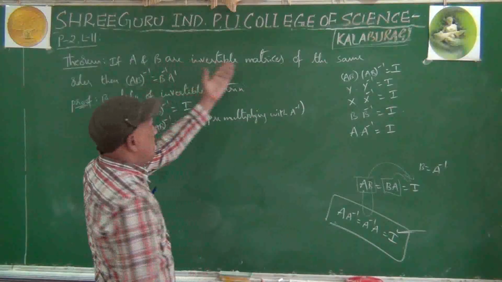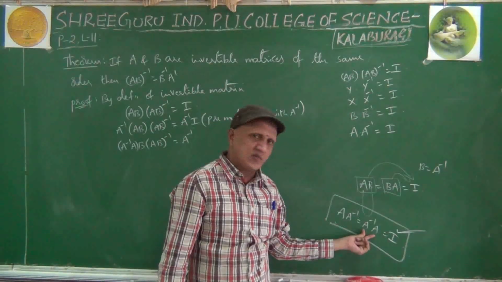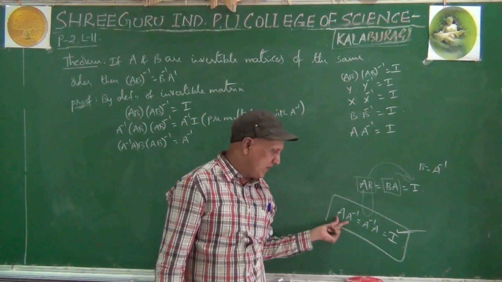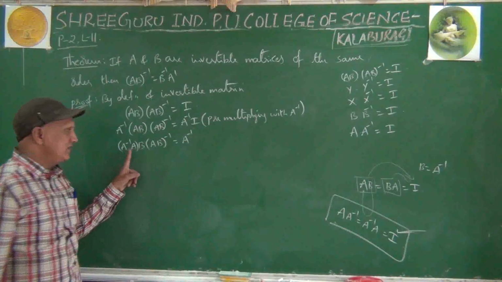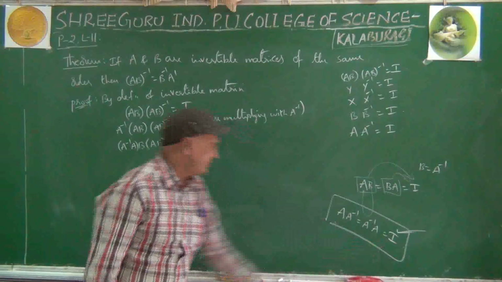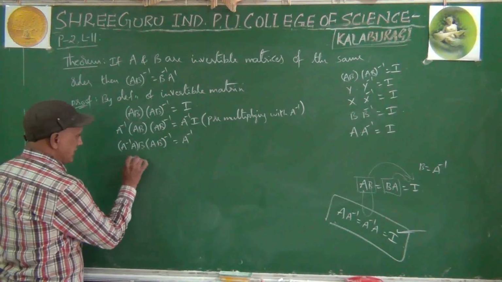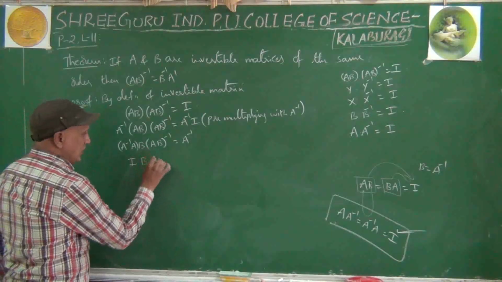Because A and B are invertible matrices. Wherever we find this, we can write I. Here, A inverse into A is there, so in this place we write I, then B, AB whole inverse.